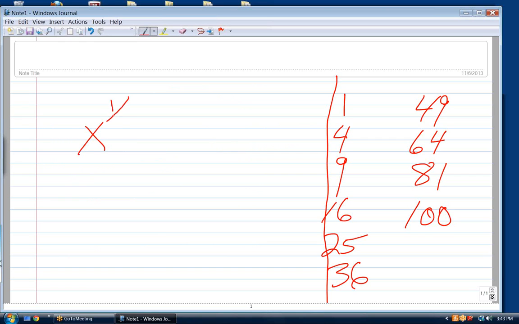What's this equal to? It's what square root means. This is cube root.